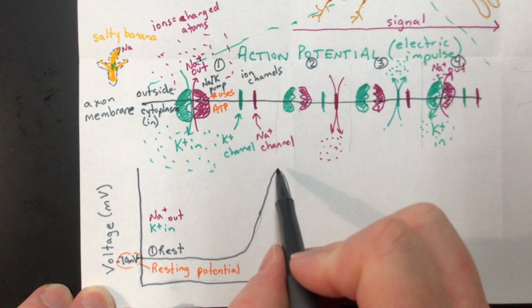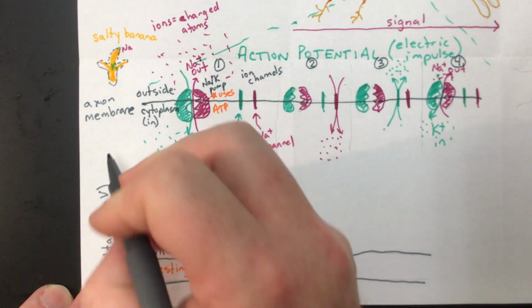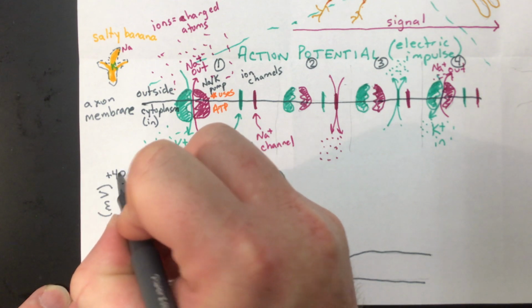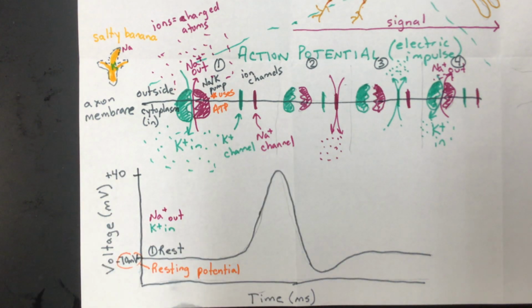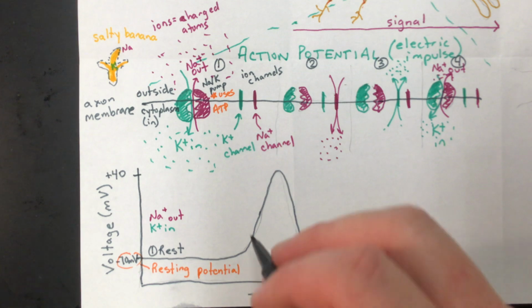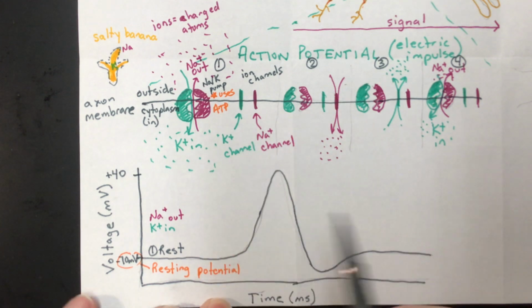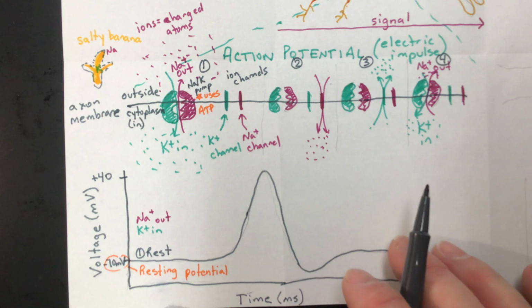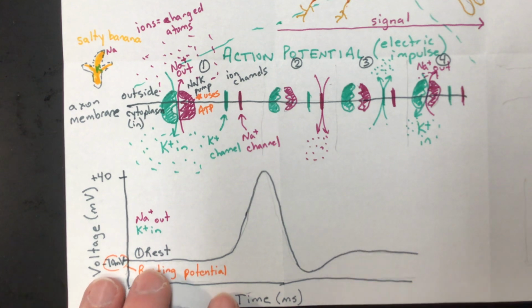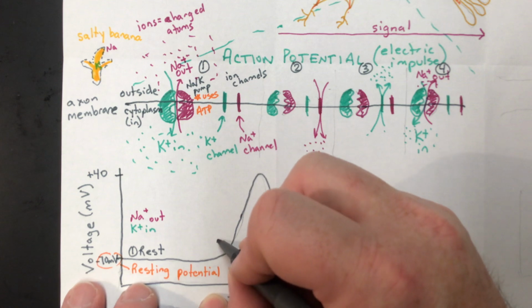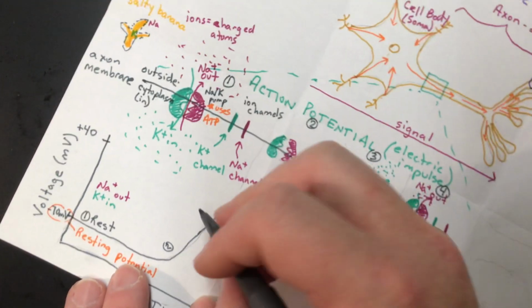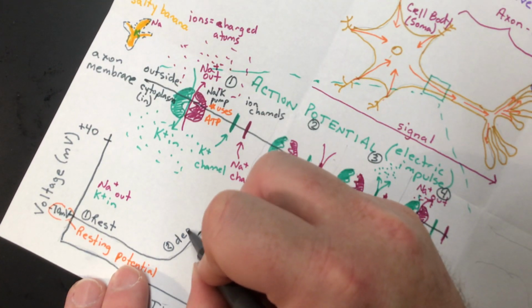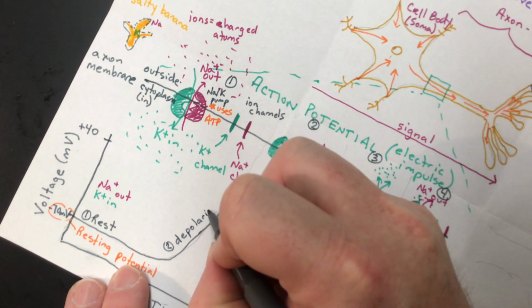And this voltage goes all the way to somewhere in the neighborhood of about plus 40 millivolts. And the trigger for this is a stimulus. It can be a chemical stimulus, a temperature stimulus, pain, something like that. But this next stage of the action potential we call depolarization.